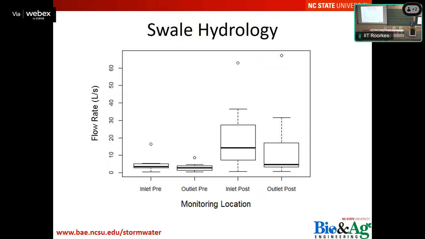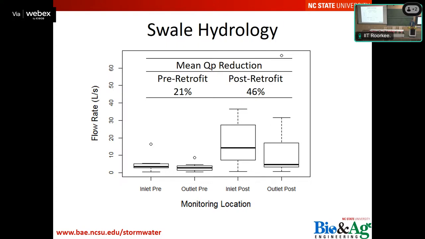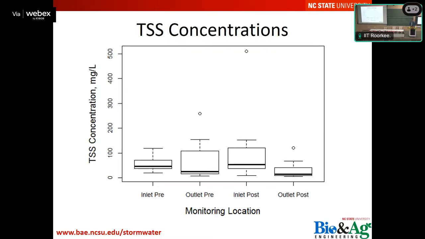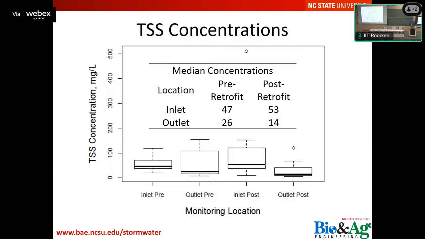If you take a look at flow rate, we had much bigger flow rates occur post install. So as a result, we can't really compare them. It looks a little bit better, but we also had bigger storms coming in. So that's kind of a warped statistic. But there's certainly one thing that held true: the quality of the water after the check dam install from a sediment standpoint was certainly better.